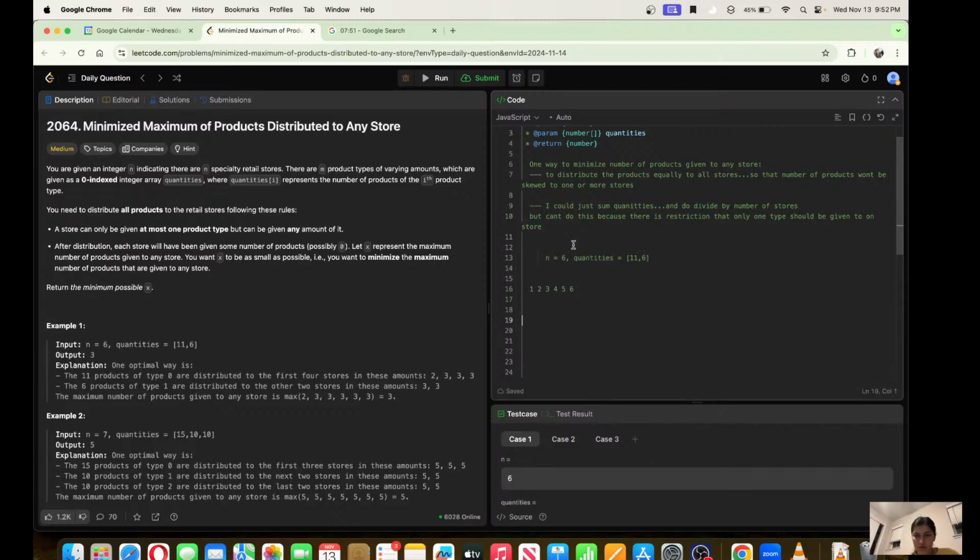Maybe if I just try to do the example, then I will get the solution.